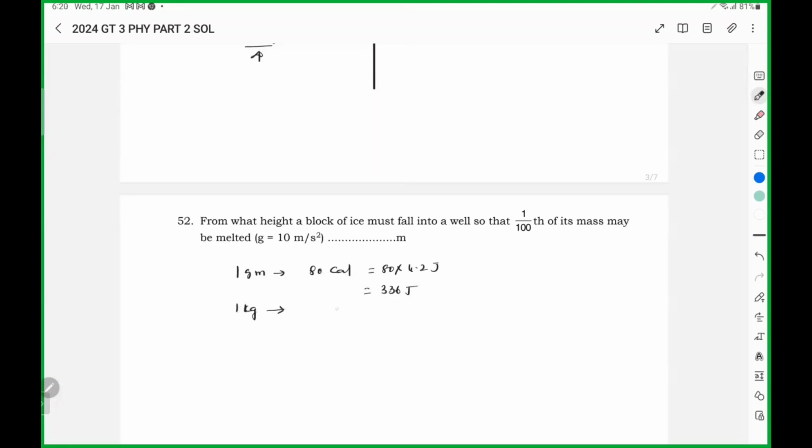To melt 1 kg, this many joules are required. So m kg of ice falls from a height. Because of this energy, 1 by 100th of its mass is melted.